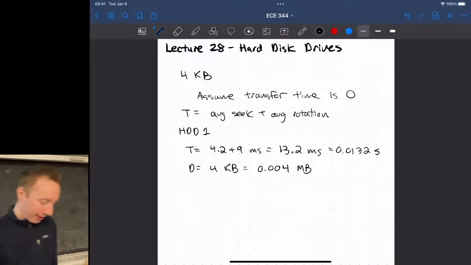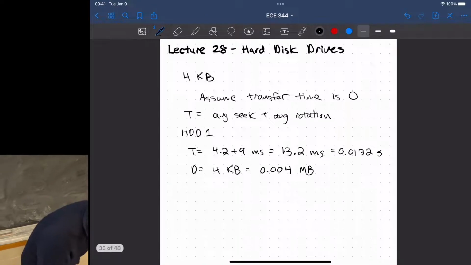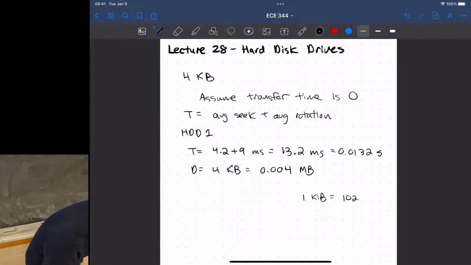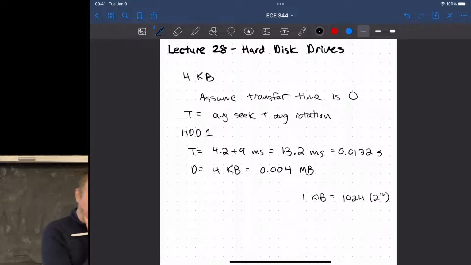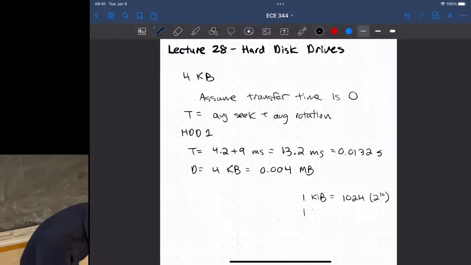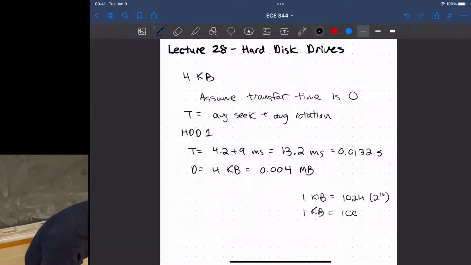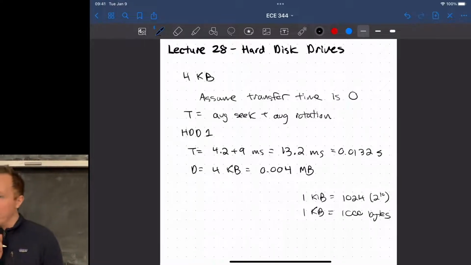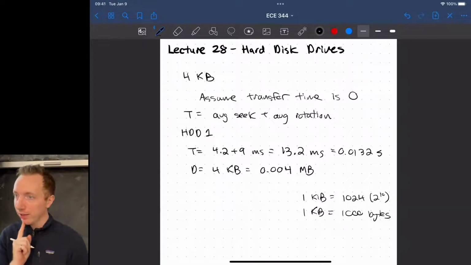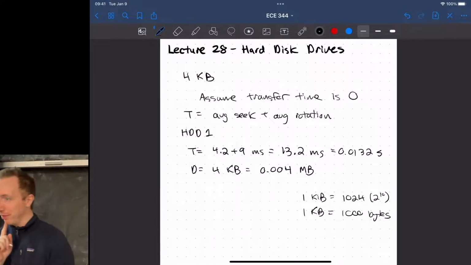So we know that if we do powers of 2, 1 kilobyte equals 2 to the 10 bytes. But hard drive manufacturers do not believe that. Hard drive manufacturers believe 1 kilobyte equals 1,000 bytes. And this is why if you've ever bought a 1 terabyte hard drive and then you try to use it, it would only be like 900 and something gigabytes.